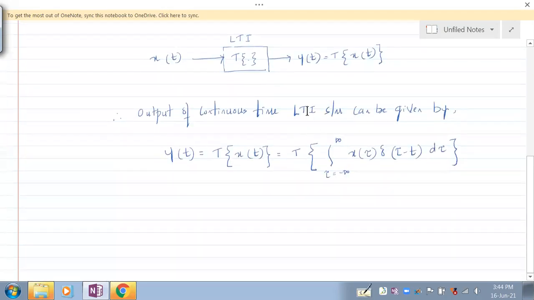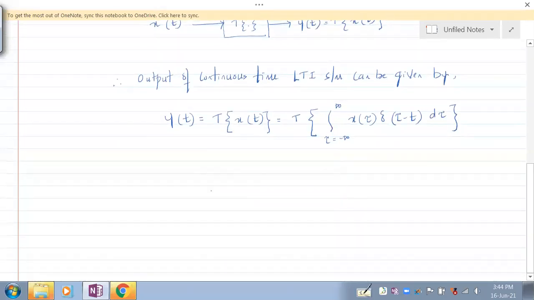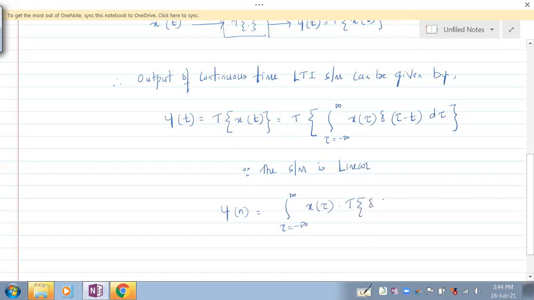Understand this? Since the system is linear, y of t can be written as the integral, tau ranging from minus infinity to infinity, x of tau into the response to delta of t minus tau.